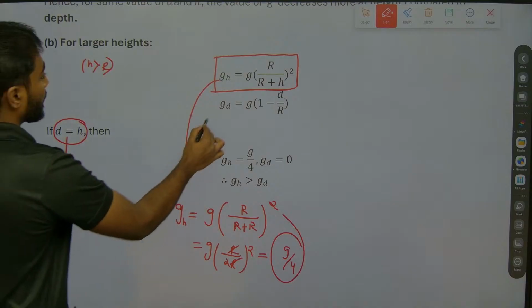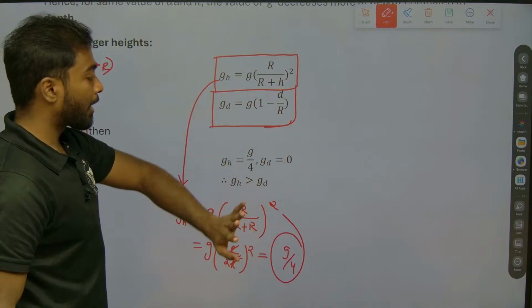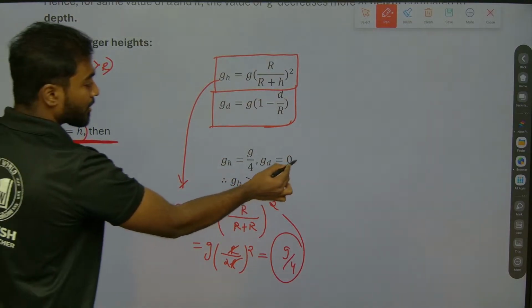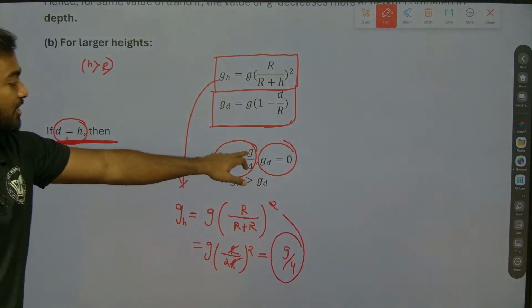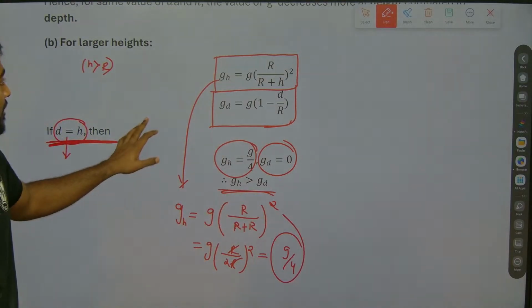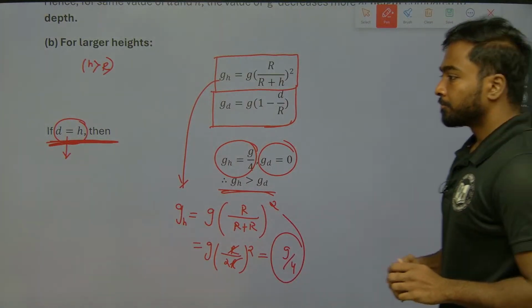Now depth g into 1 minus d by r, when d is equal to h, it is 0, g is equal to, like d is equal to h in the sense g by 4. Okay, so this is the condition. This is the condition for larger heights. I hope you got it right.